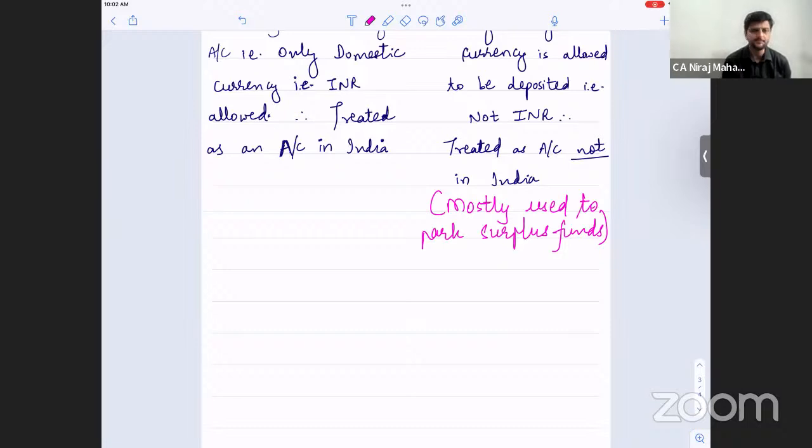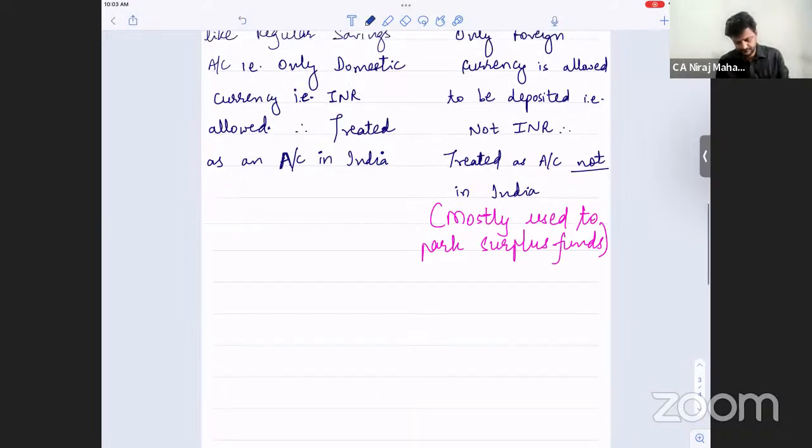Park means what? Keep. Parking means you keep that car or your vehicle somewhere. So this money, you are parking or keeping it. But which money am I talking about? Surplus, which you have extra. Obviously, if I have a better opportunity, I will invest over there. Got it, all of you?